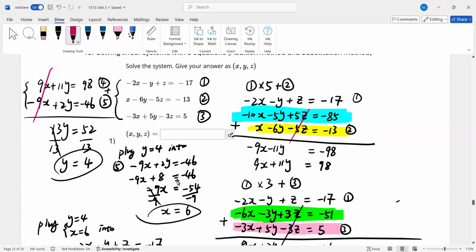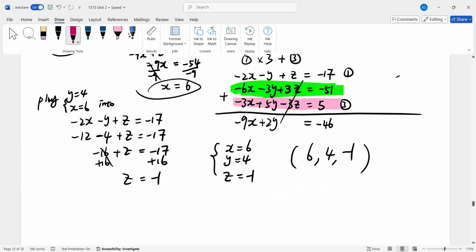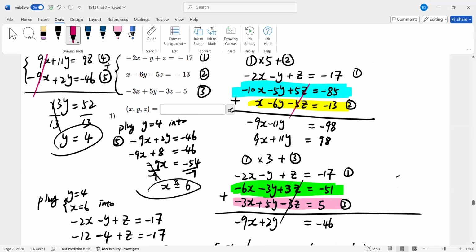So this is how we handle it when the system has 3 linear equations. It's a lot of work. When you get to a higher level of mathematics, sometimes you have to come outside your comfort zone.